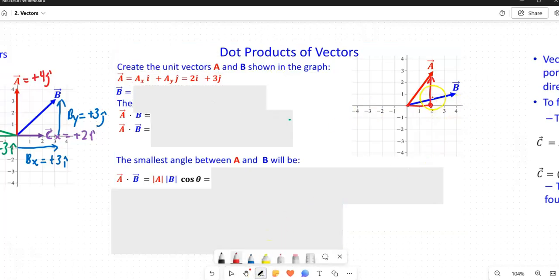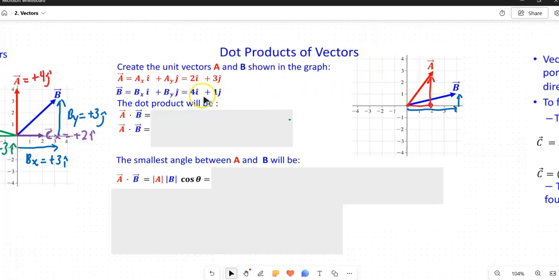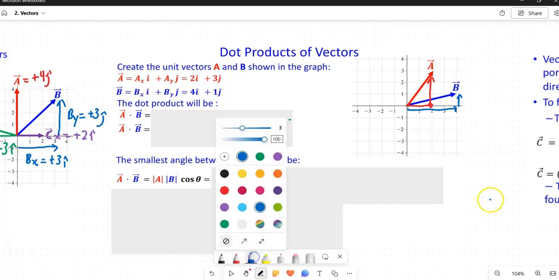And the B vector, its components are going to be positive 4 in the x direction and up 1 in the y direction. So its components are going to be positive 4i plus 1j. Okay? Hopefully you did well on that. Now, this next part should be pretty easy. You could do it with the vectors, or you could do it mathy.